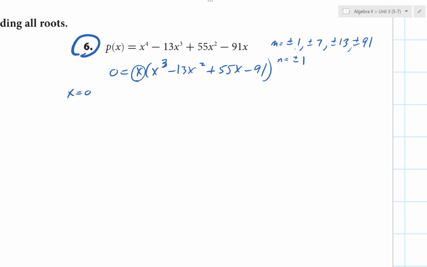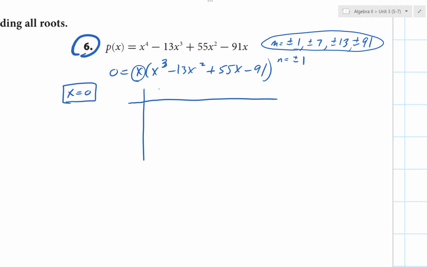And so this becomes our list, because m over n is the same as just the list of m. And so now we need to remember that we already have one solution, but I'm going to take the x cubed, that's going to be 1, negative 13, 55, negative 91, and we can start with 1 and try that.